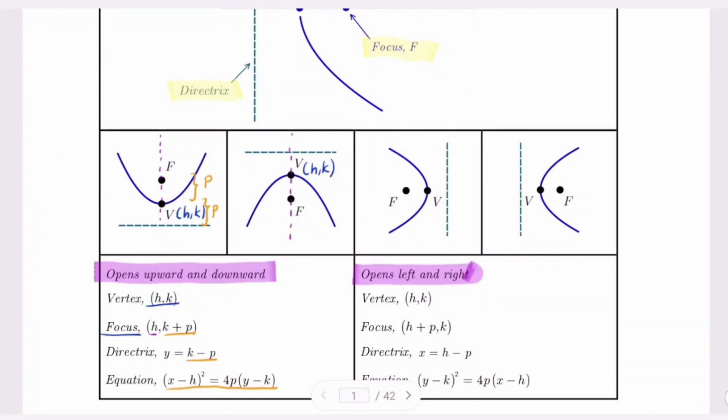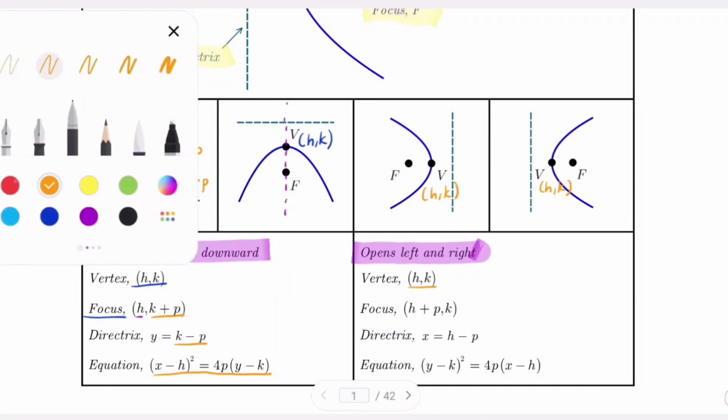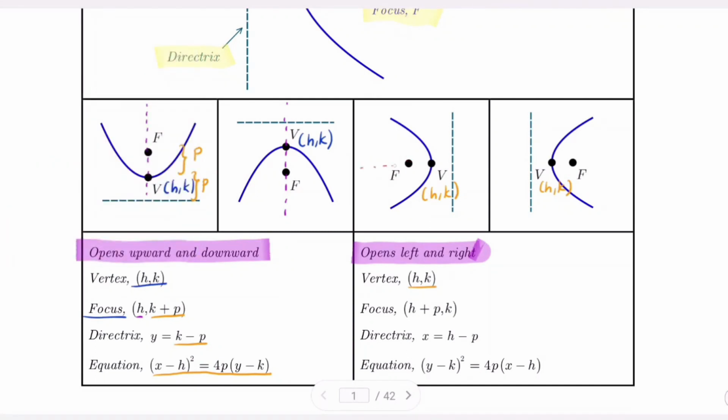The next 2 shapes, which open left and right, are similar to the left hand side, but the difference is only the location of the H and K. So the vertex will be the same, which is H, K. And we notice this time K remains the same.